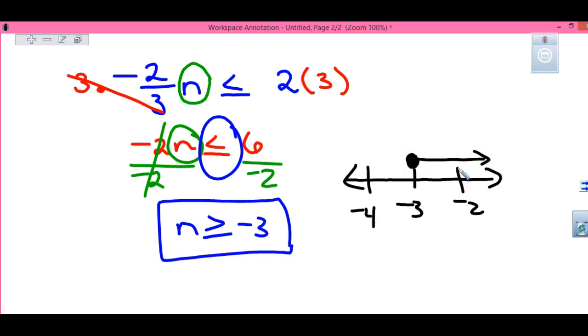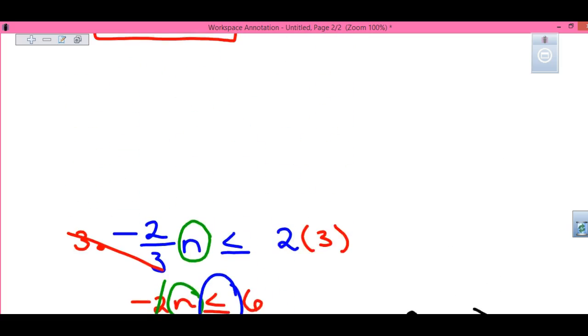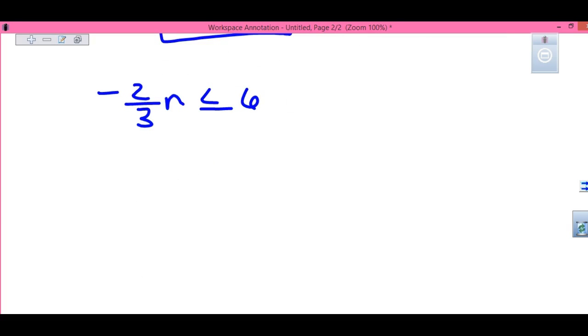Why did I flip the sign? Because I am multiplying times a negative. So I flipped my sign, or I changed the direction of my sign. Can I cross cancel? Yes. What happened? You're not at the right answer. Did I copy the problem right?